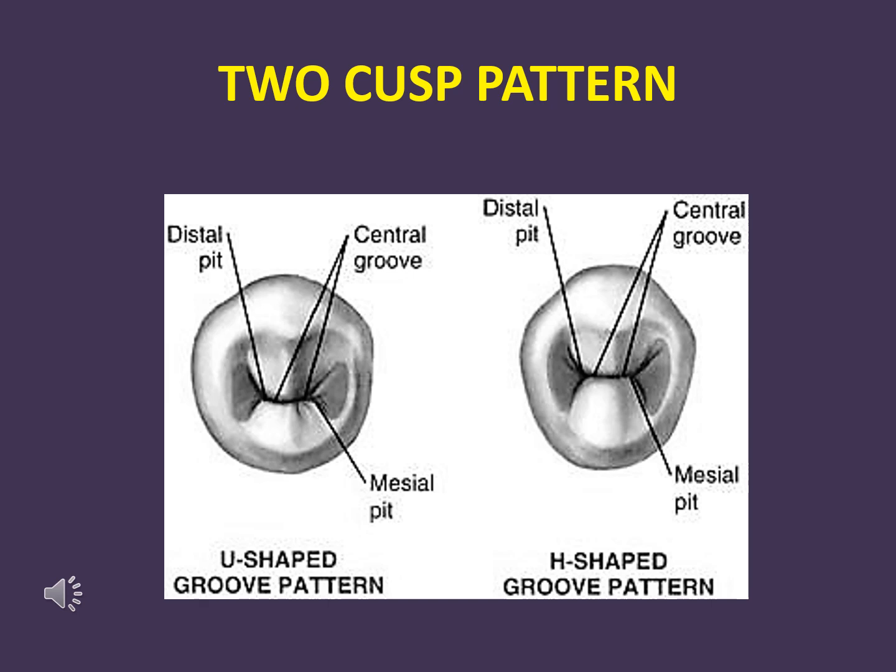If the buccal cusp is larger than the lingual cusp, it is a U-shaped groove pattern, as you can see in the left side picture. If the buccal and lingual cusps are almost equal in size, an H-shaped groove pattern is formed, as you can see in the right side picture.